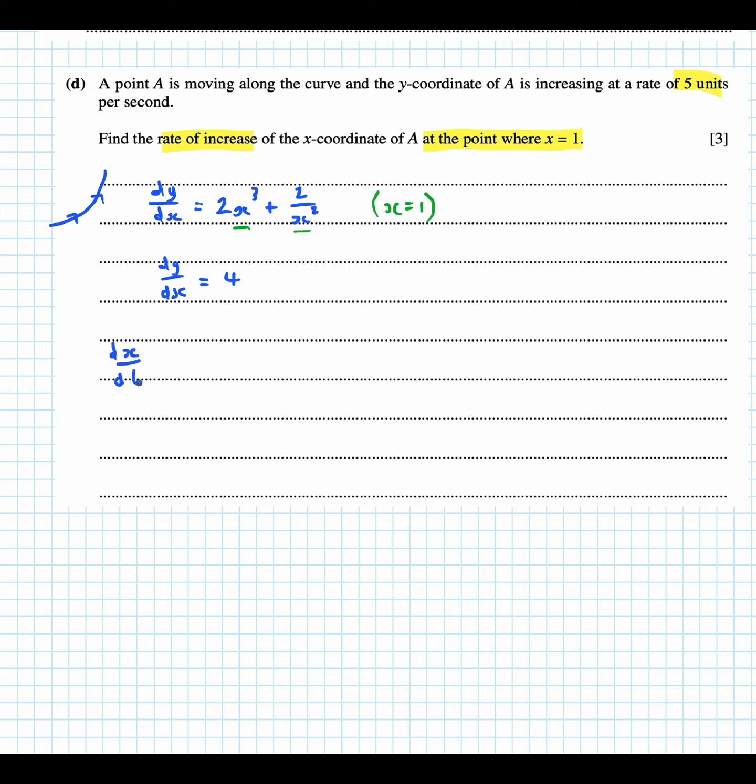And just the rate of change has this formula. So dx over dt is equal to dx over dy. So it's like the reciprocal of what we have there. So 4 would be 1 over 4. And we're given, for dy over dt, the rate of change is 5 units per second. So 1 over 4 times the 5 is our answer: 5 over 4.